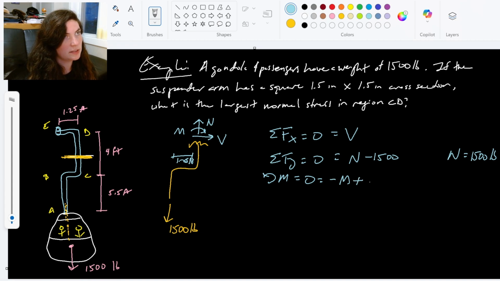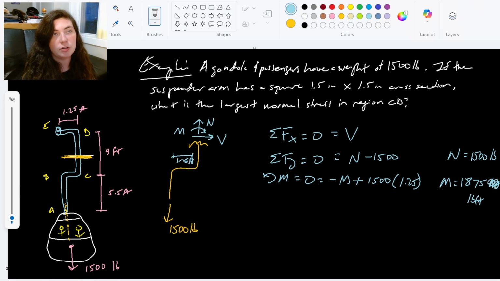So plus 1,500 times 1.25 feet gives me a moment of 1,875 pound feet. That's a little messy. Let's write that better. Pound feet. Perfect. So I have the internal forces.